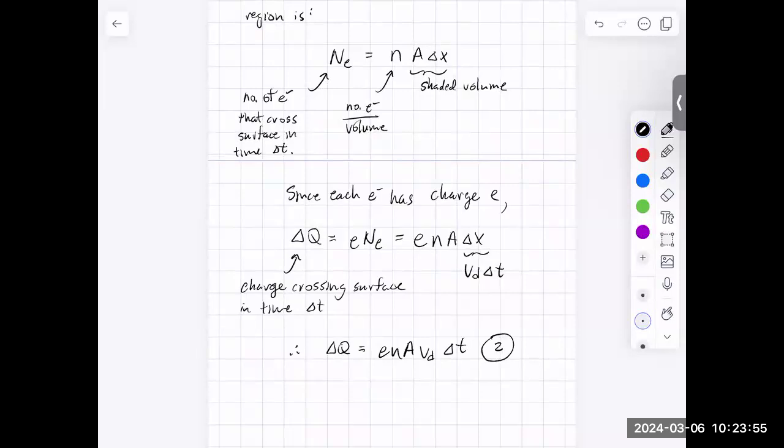So what we're going to do is say equations 1 and 2 calculate the same quantity. They must be equal to each other. Let me just remind you of equation 1. It was a really simple one.